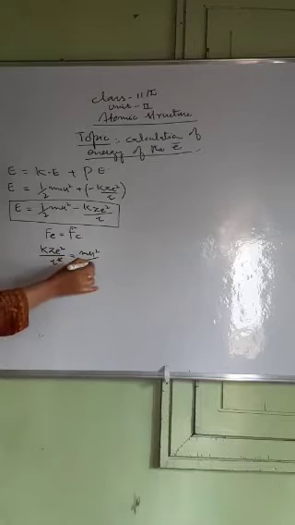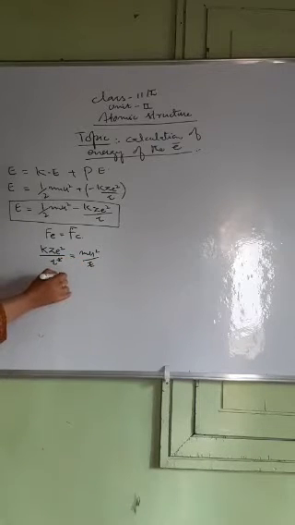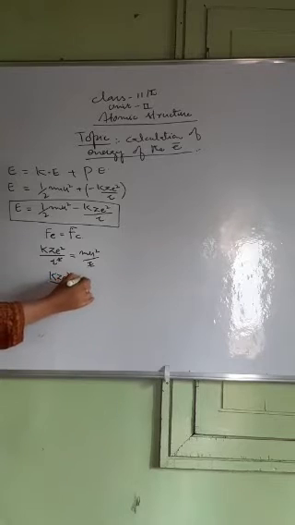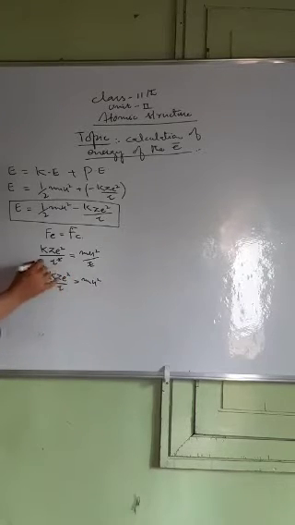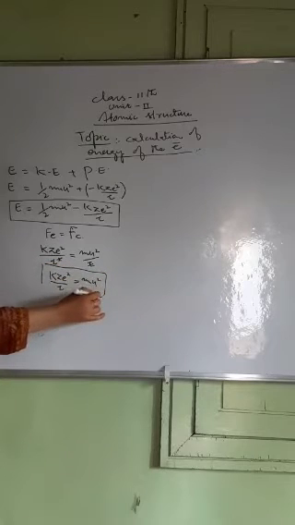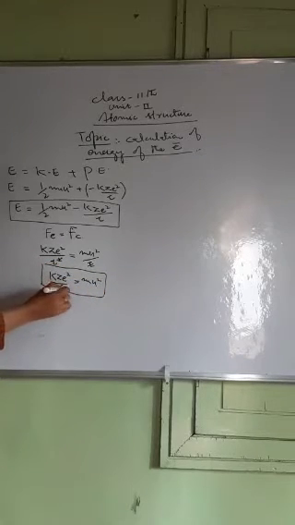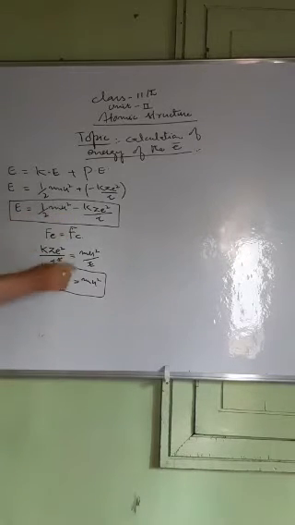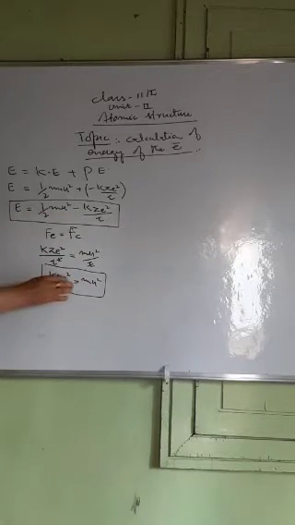One r and one r will cancel. So k z e square divided by r is equal to mu square. Here you can see mu square is equal to k z e square divided by r.